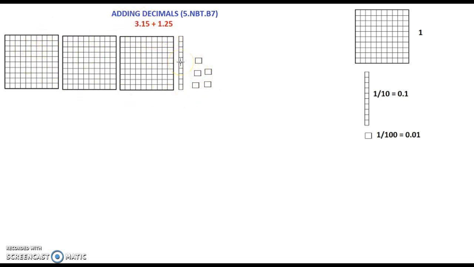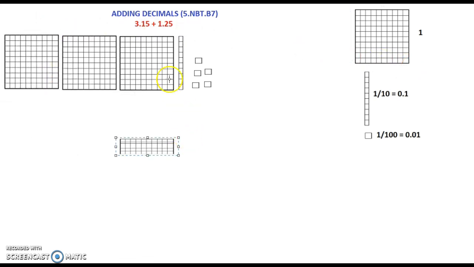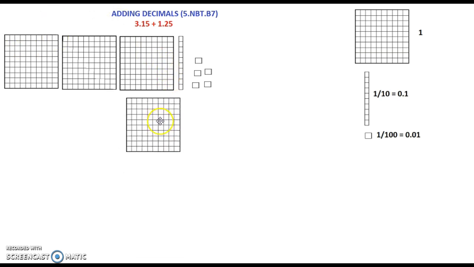So right here is what 3 and 15/100ths would look like using our base 10 blocks. Now let's do the same thing for 1 and 25/100ths. Starting with my whole numbers, I have one whole, so I need one flat. Here's one flat. Oops, oh no. Here we go, that's better.